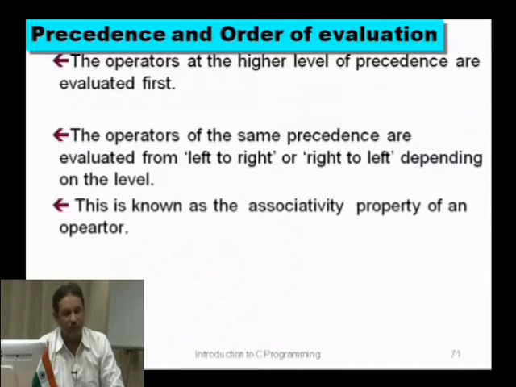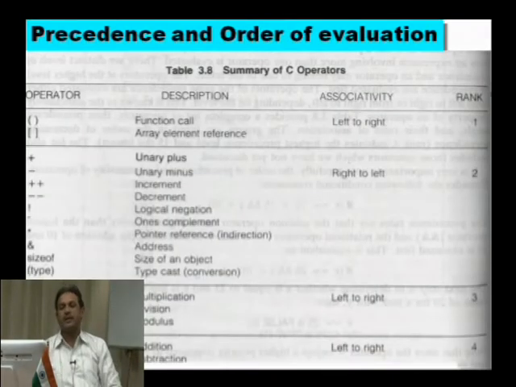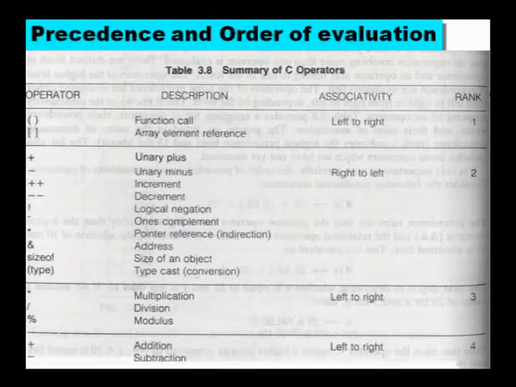But if addition and subtraction have the same precedence, we follow associativity, that is, from left to right. Evaluating from left to right or right to left is called the associativity of an operator.